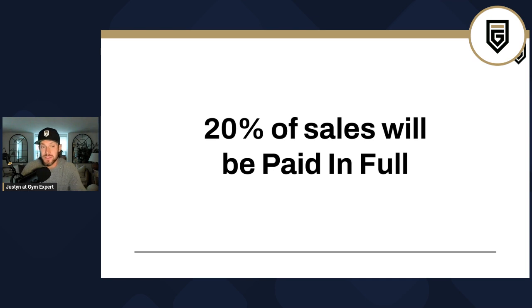If you have too many members who are paid in full, you will not have enough recurring revenue, and you will continually need to pace your expenses. So what we really need to do is keep that number in and around 20%.